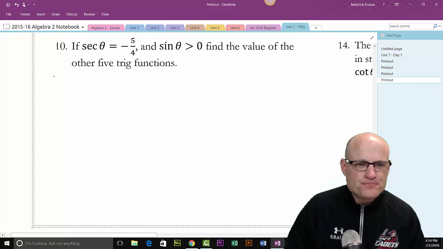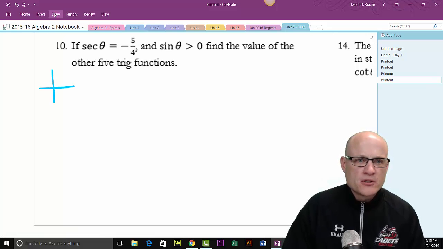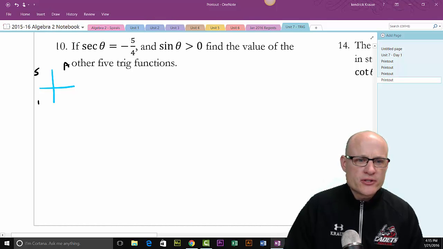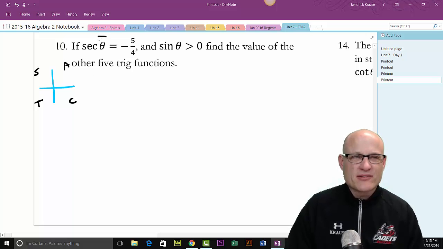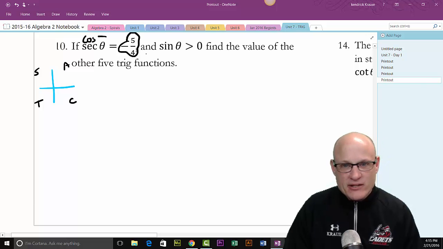Anyway, here we go. First thing I want to do is figure out what quadrant I'm in. All students take calculus. Oh wait, I don't know anything about secant. Let's see, secant goes with cosine. So cosine is negative. I don't care about the 5/4 right now.